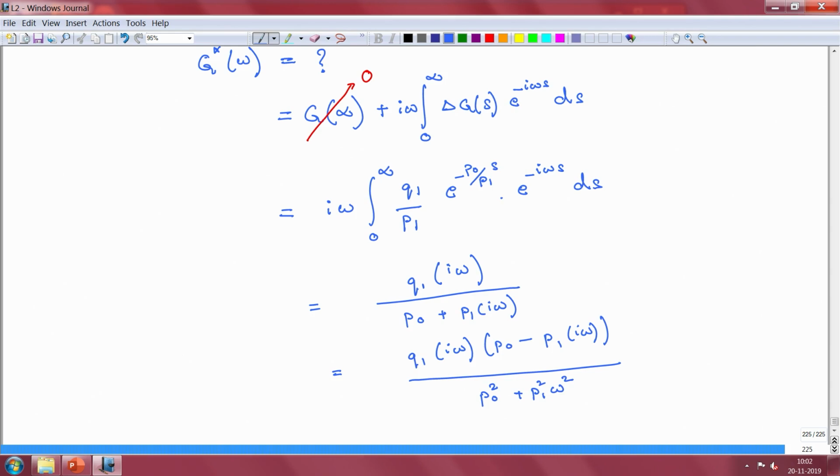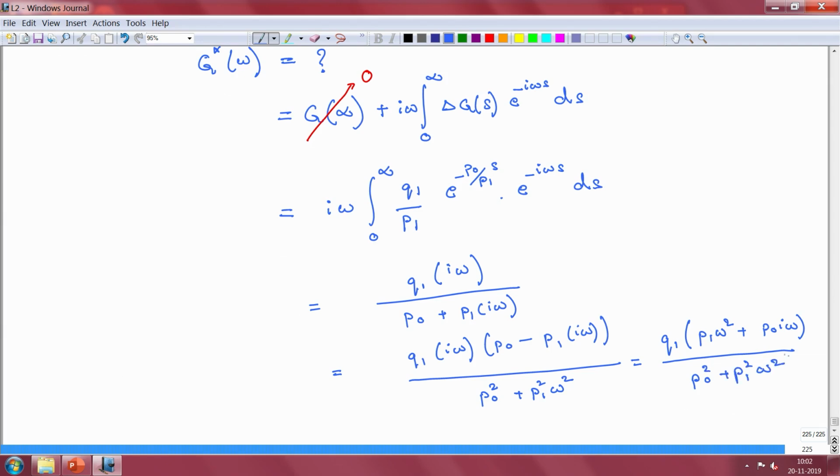Right. And here, I mean, you can simplify it a little bit further if you want to. You will have Q1, and you can take this I omega inside. So, if you do that, you will end up with P 1 omega square plus P naught I omega, and in the denominator you have the same real term. Right.